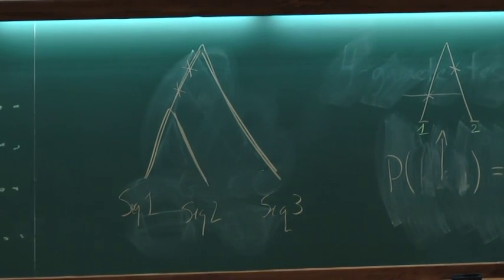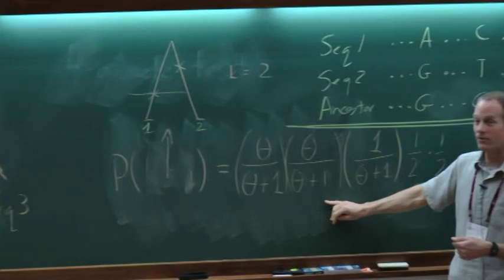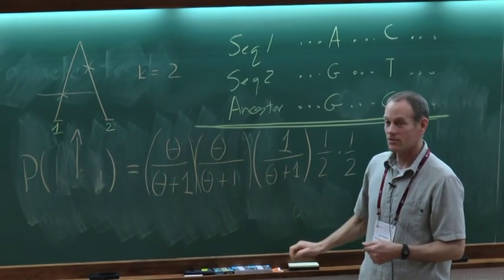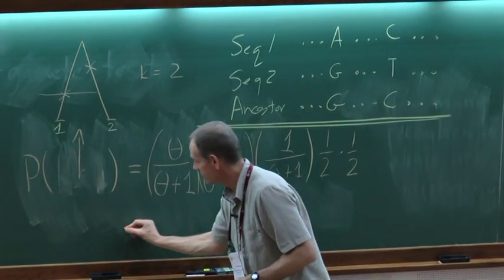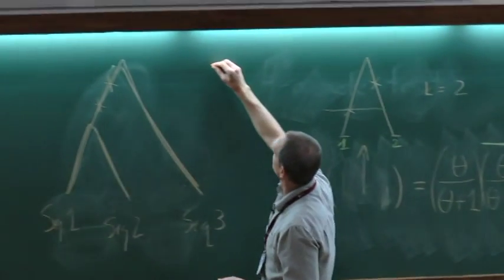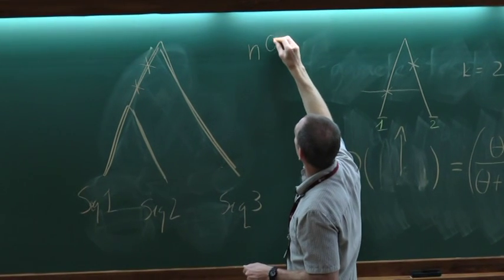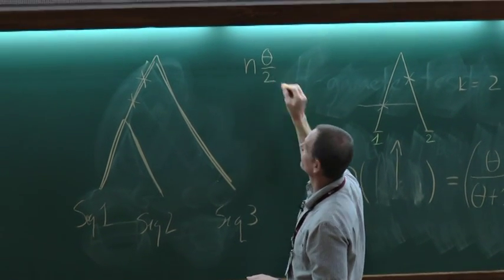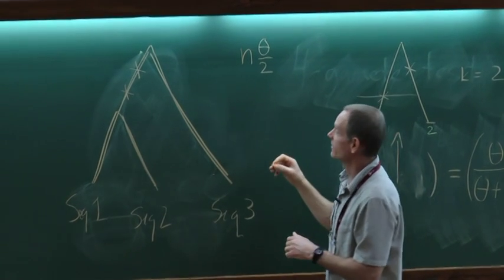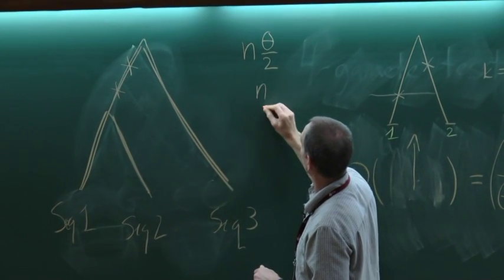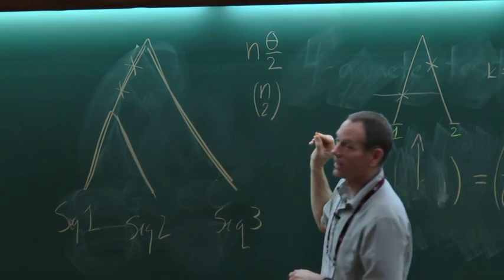We can just apply our same thinking here, right? There's a couple of tricky things. The first one is that when there's n sequences, then I would have n theta over 2 rate of mutation, theta over 2 for each of them, and n choose 2 rate of coalescence.